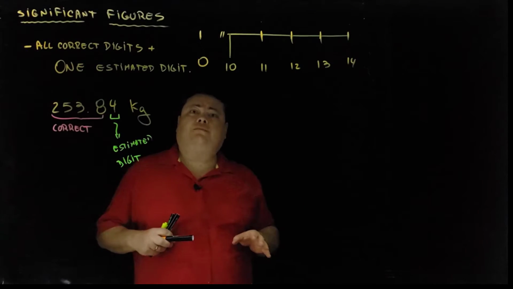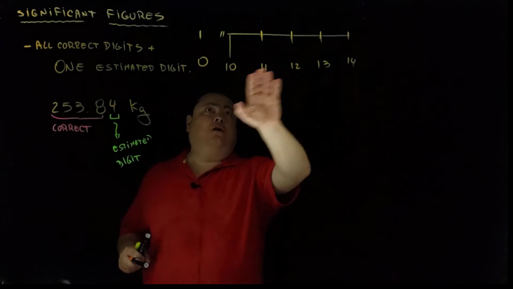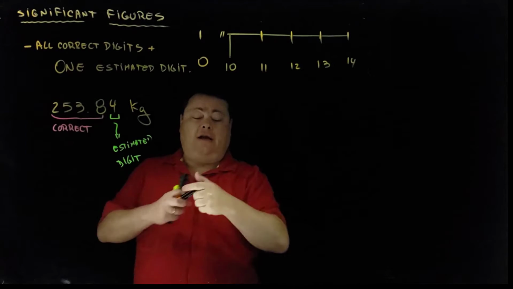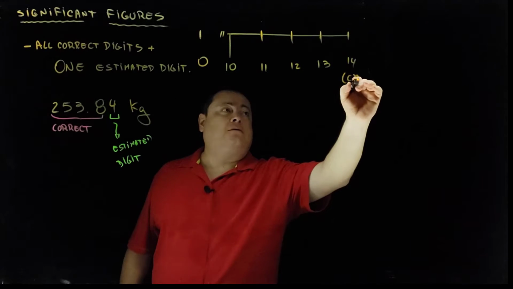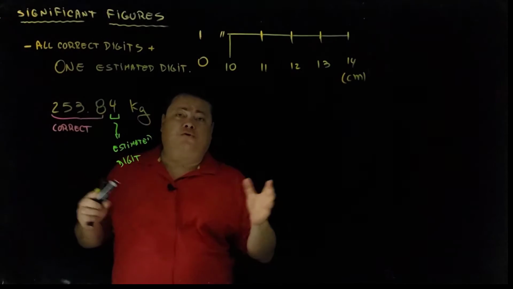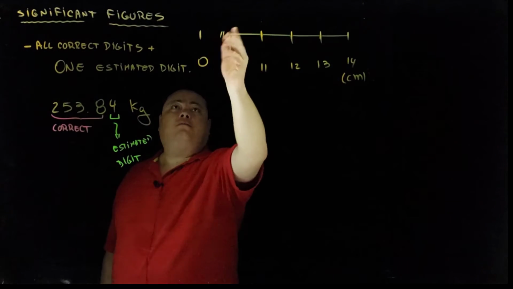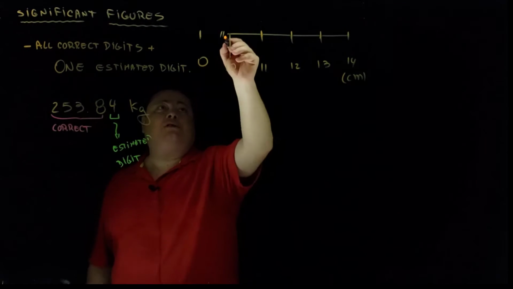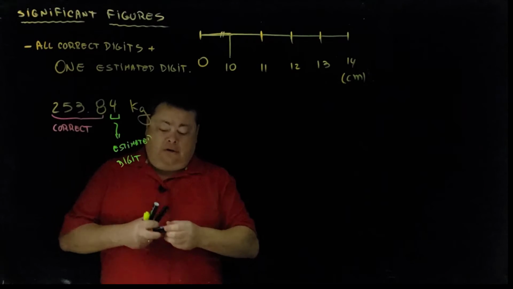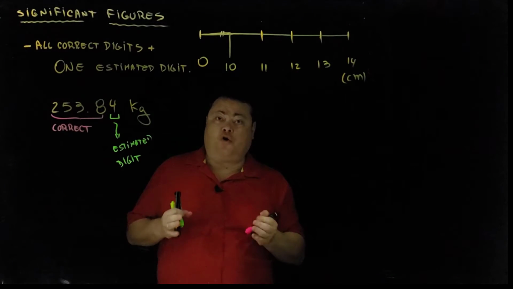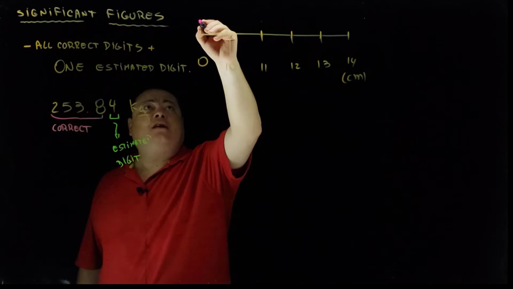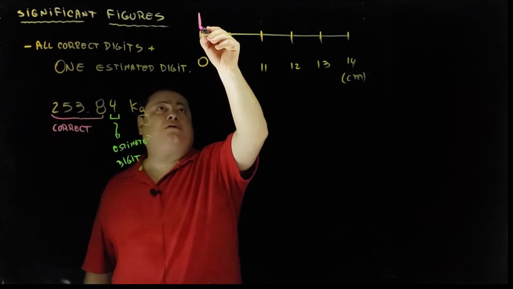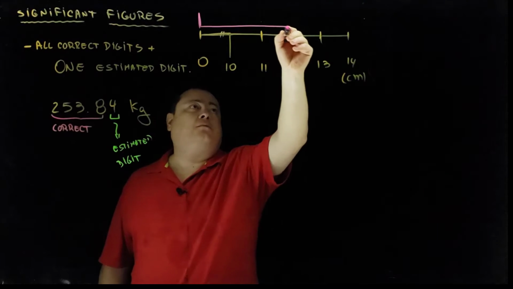I'm going to start now sticking with the idea of meter sticks. This is a meter stick, what I'm representing, 10 centimeters, 11, 12, 13, 14 centimeters. But to save board, I am now just not representing the 0 through 10. But let's assume that this here is the 0 of my meter stick. So when I'm measuring something, remember we are going to compare, I need to put the beginning of my object in here, and let's say that it comes all the way through this point.